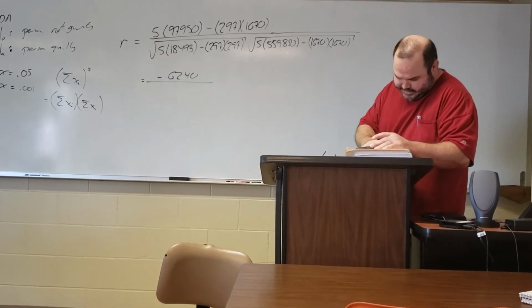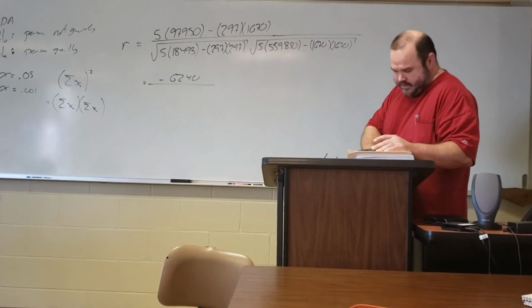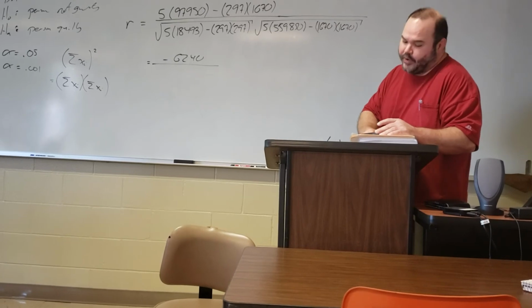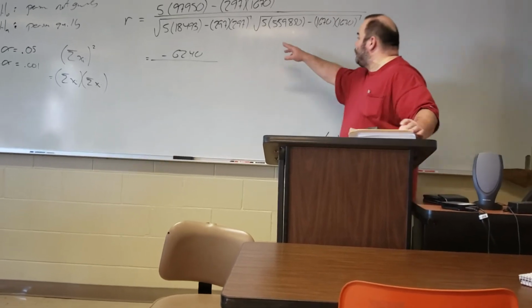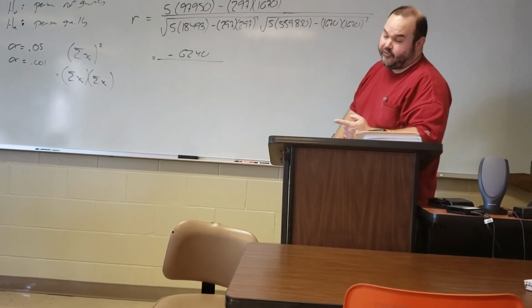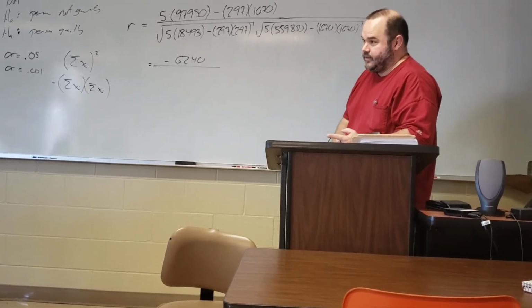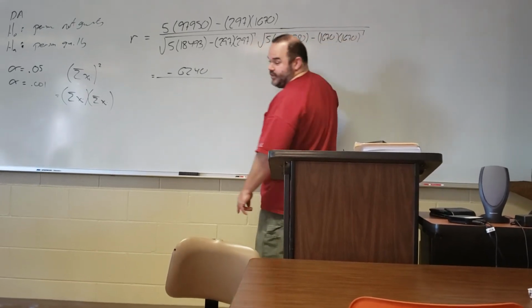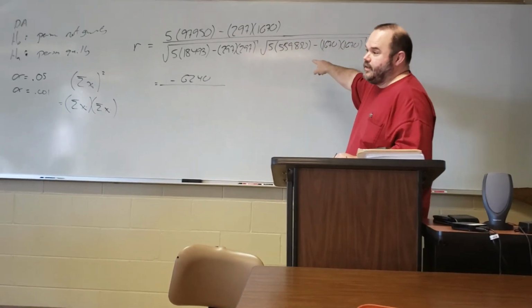Take my 1670 times itself, subtract. There we go. So with just doing this part, not the radical, you should be getting 10,350. If you have not taken the square root yet, that should be 10,350.